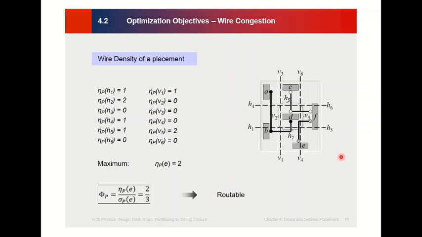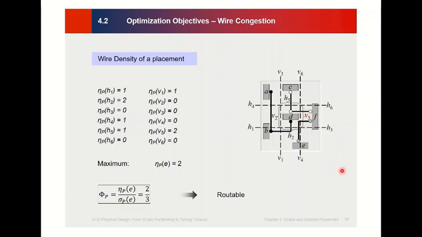So the maximum for all 12 cuts, 6 horizontal cuts and 6 vertical cuts, H1 to H6, V1 to V6, the maximum is 2, which is required by H2, 1 and 2, and for V5, 1 and 2.